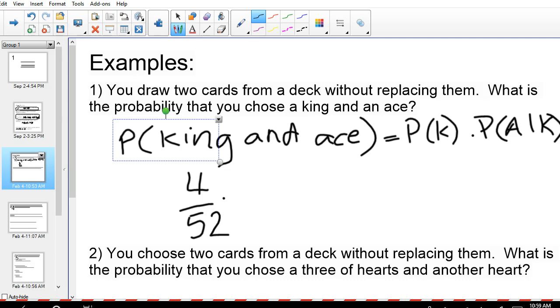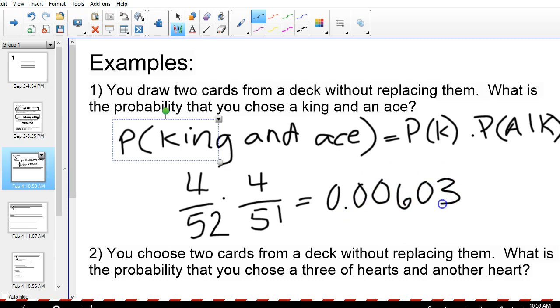So for the next one, it would be 4 out of 51 because there's one less there. So if you multiply those two together, you're going to get 0.00603. So likelihood's fairly low there.